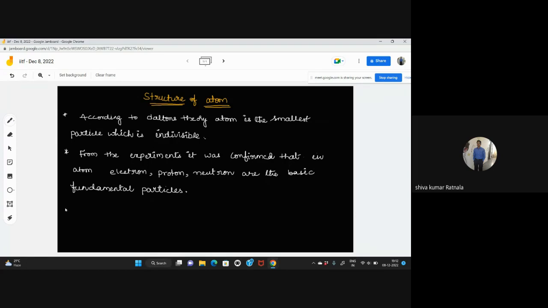One more point you need to know: for any particle, the charge to mass ratio is known as specific charge.